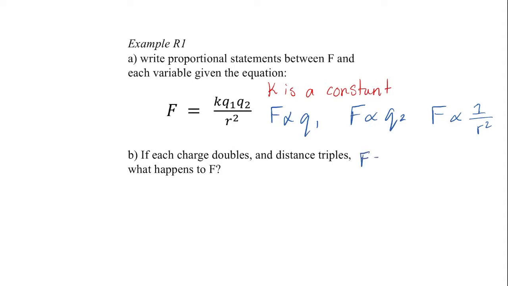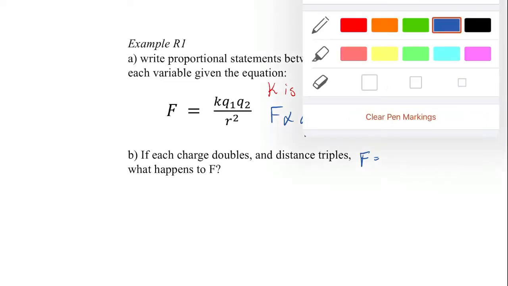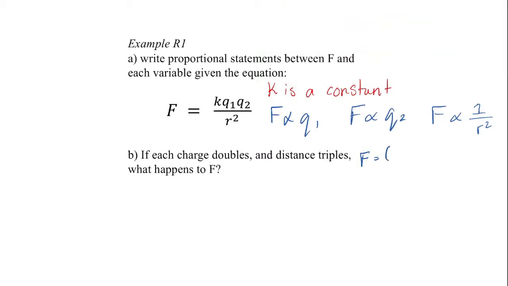So F is equal to, and then the k remains constant, so that's just going to be there. That's not going to change. So what we actually do is, again, if something's not changing, we kind of ignore it. Q1 is going to double, Q2 is going to double, and the distance between them is going to triple, but remember we have to square the distance, okay? And so what does that end up being?